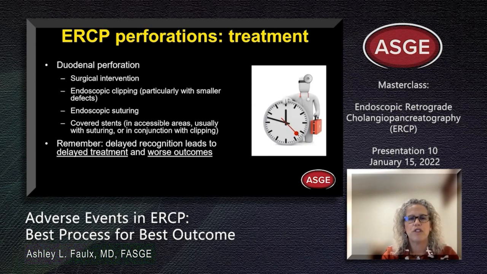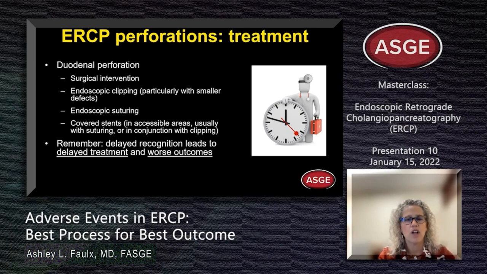Duodenal perforation can require surgical intervention. We have new devices. We have over the scope clips. We have endoscopic clips, which may work with very small defects. If the whole scope went in, that's probably not going to work. We also have endoscopic suturing.